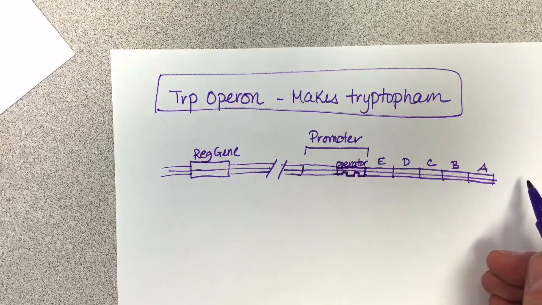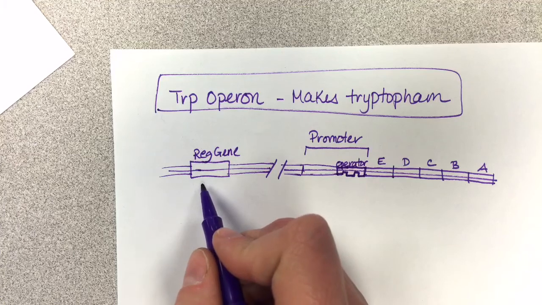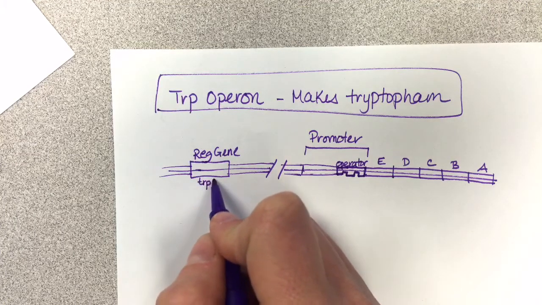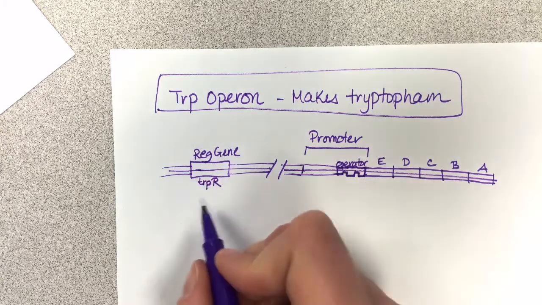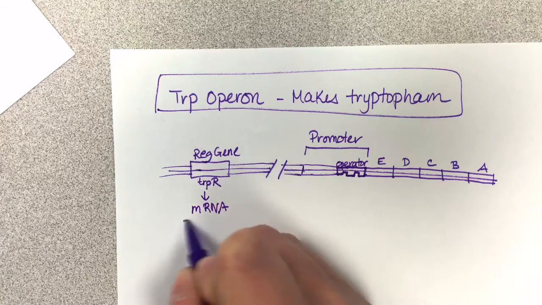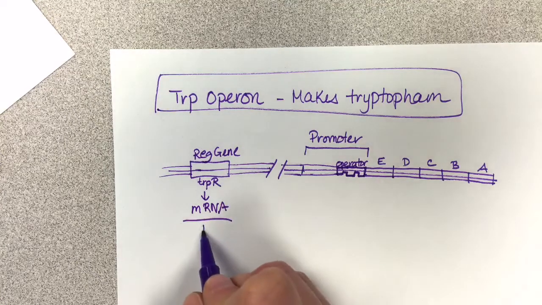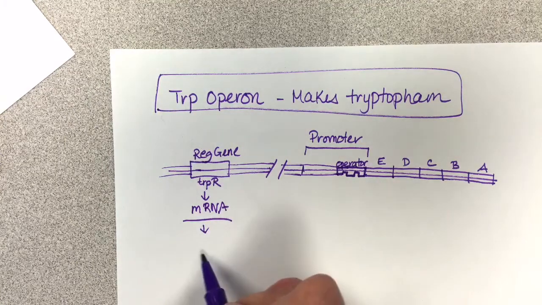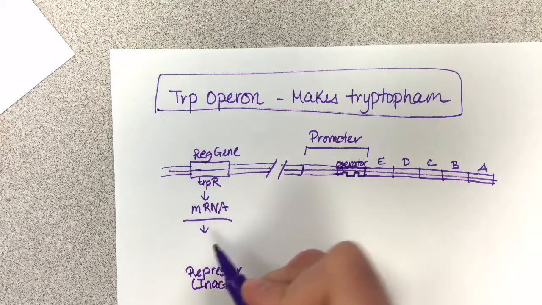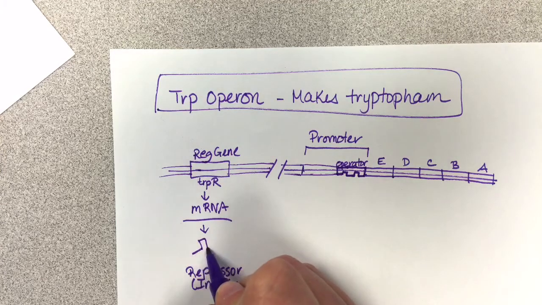And what happens is this regulatory gene, called trpR, for regulatory, can be transcribed, makes an mRNA, and then the mRNA is used to make a protein. In this case, the protein is a repressor, but the repressor is inactive.